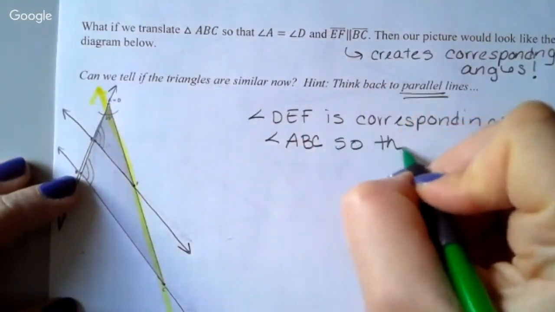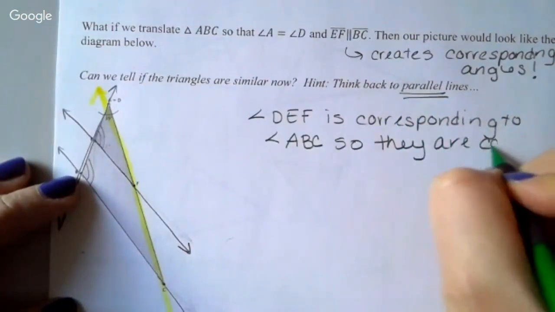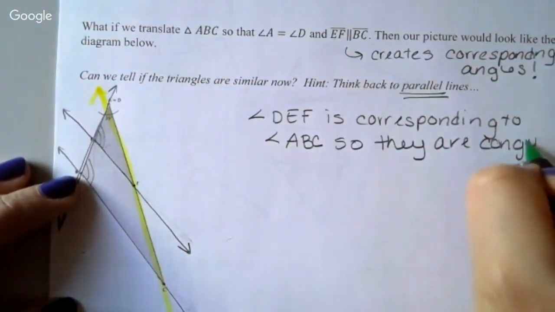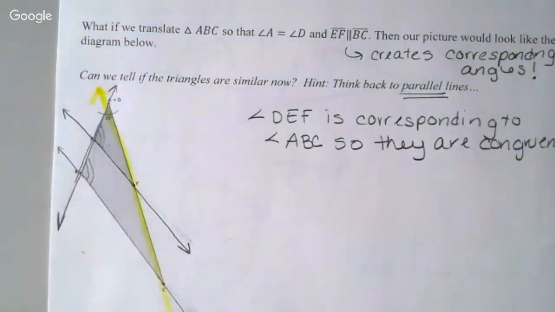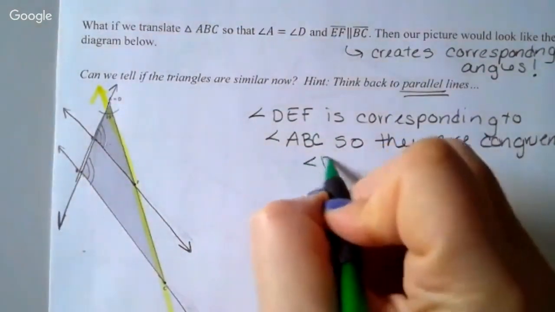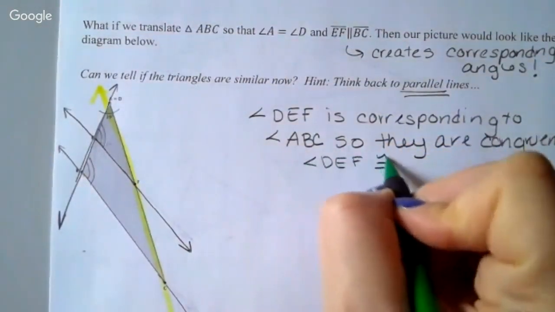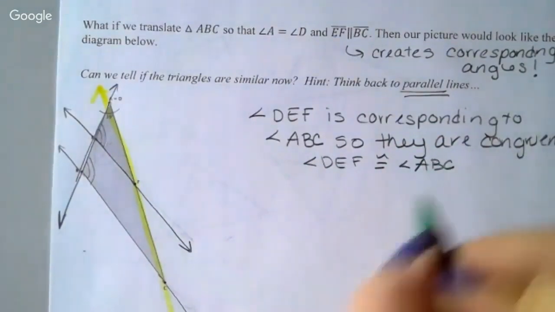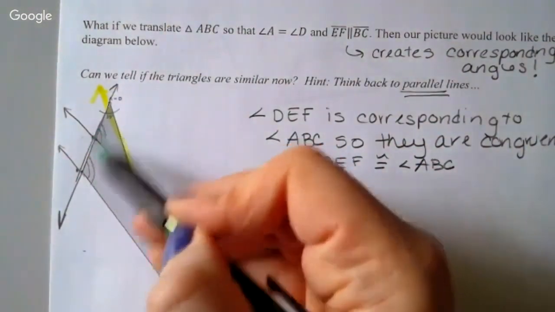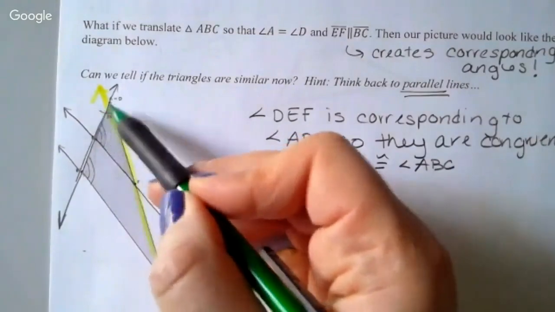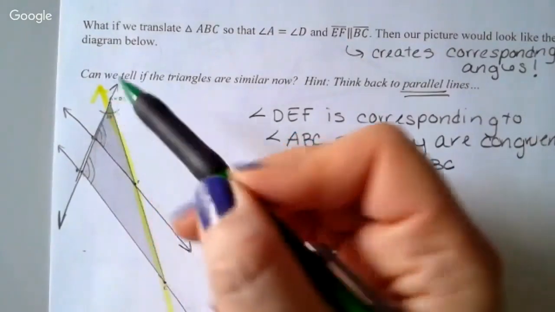So they are congruent. Okay, so you might see something like angle DEF is congruent to angle ABC in our notation. Okay, so now I know that those are the same. I already knew the top angle was the same because they're both 39.